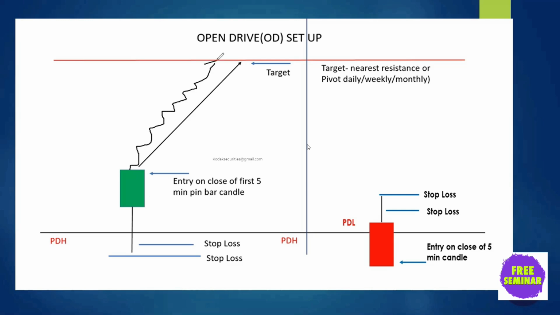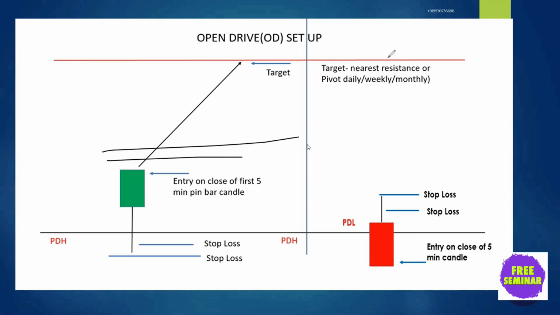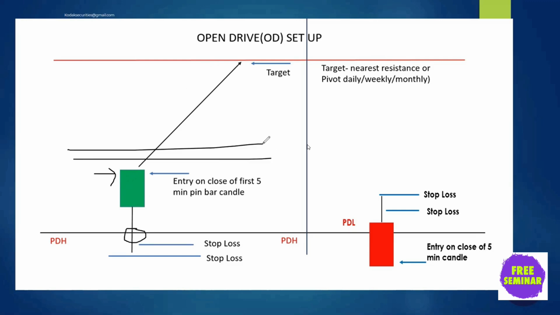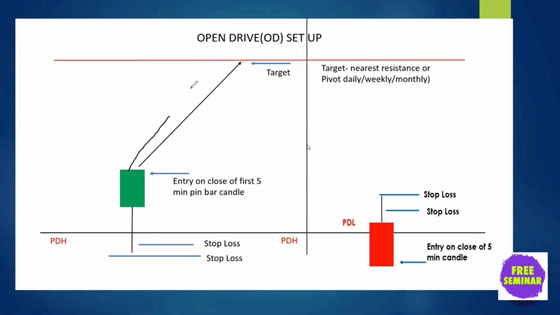That means there should not be any resistance just above the candle. Sometimes you may see all 3 criteria met: bullish candle, candle close above PDH, candle has support, but immediately there is a daily pivot or a weekly pivot. Then you should not take the trade. That means the candle should not have any resistance so that it can move for some time. Then only it's an OD.